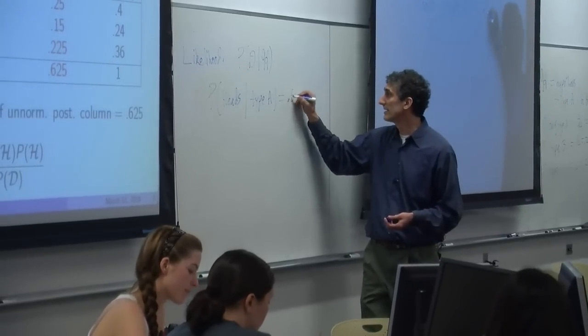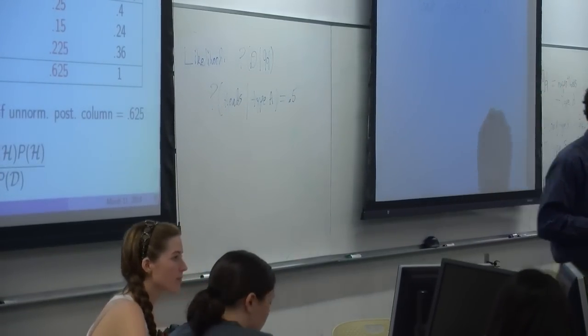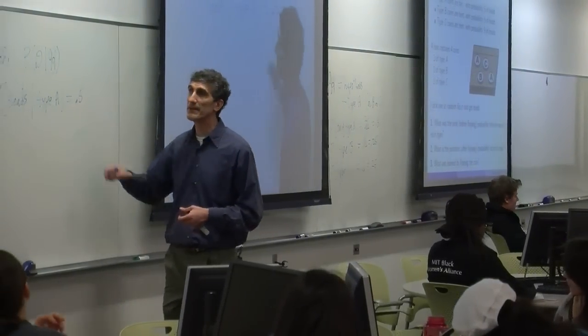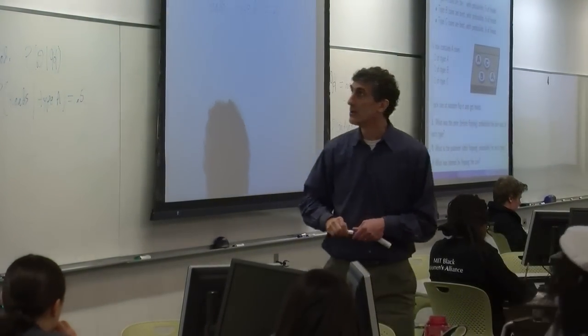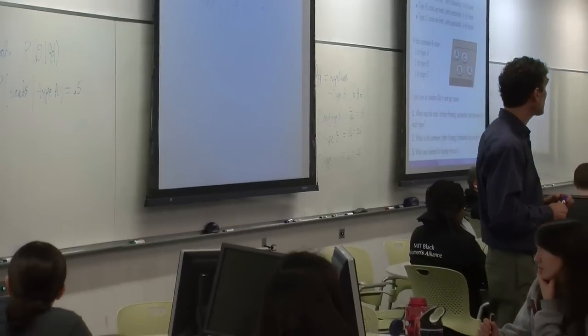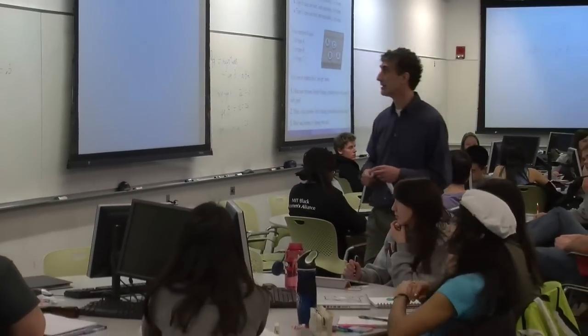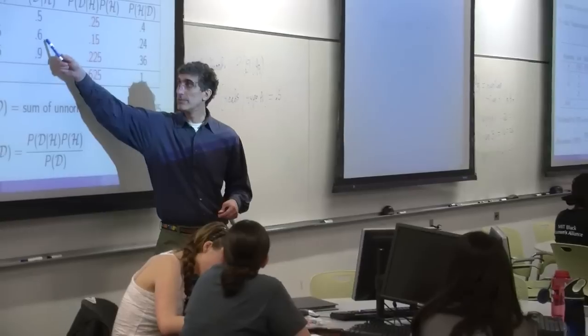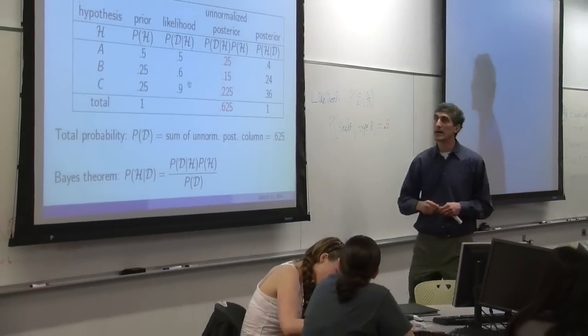It's 0.5. This is particularly easy because that's what we told you. The probability of heads with a type A coin is 0.5. What about for B and C? 0.6 and 0.9. So right here is the likelihood column in the table.